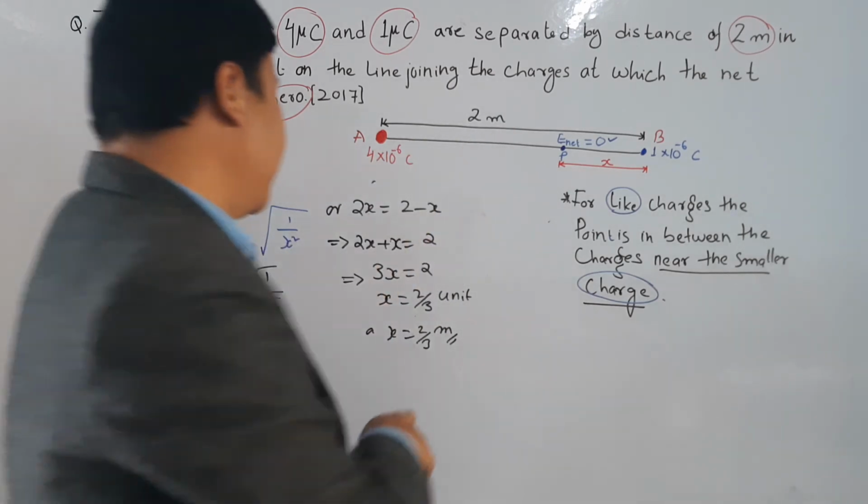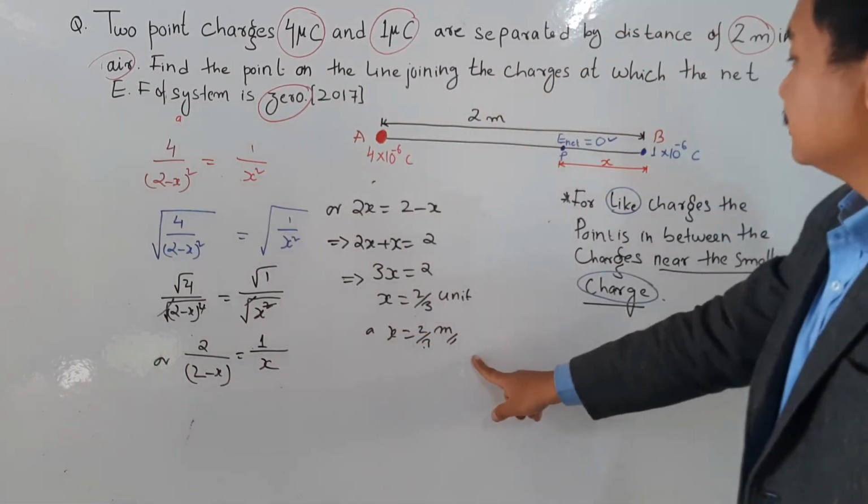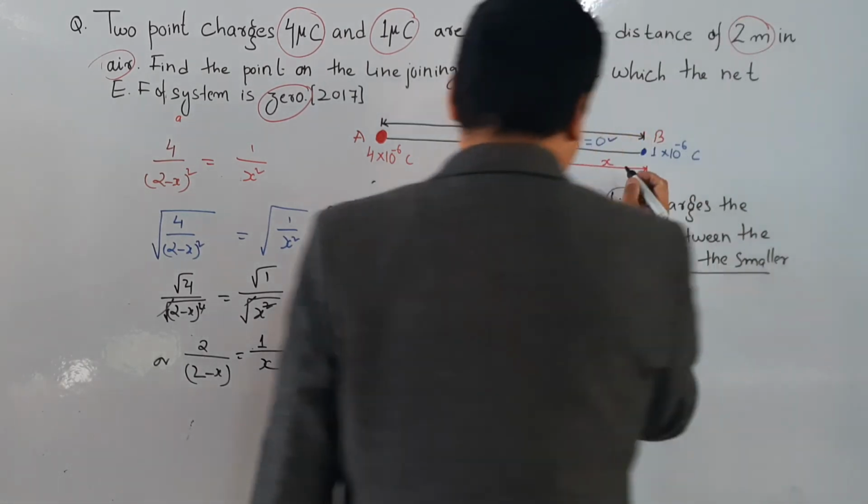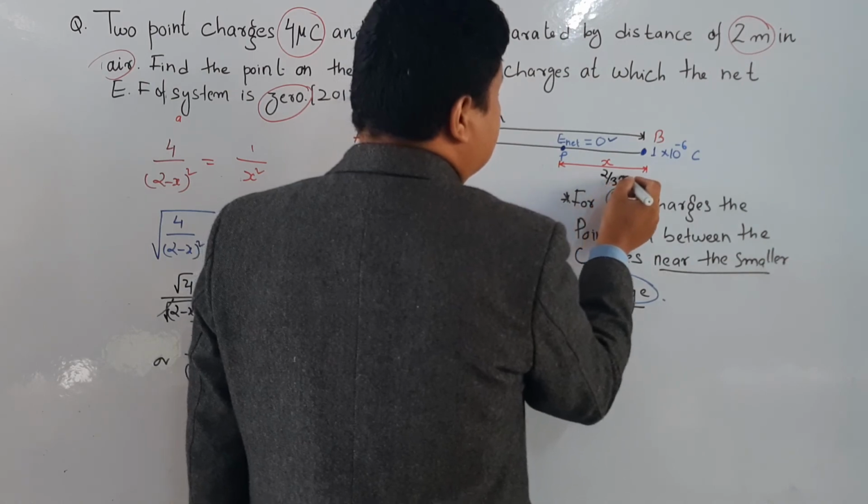It means that at x equal to 2 by 3 meter, the electric field is 0.